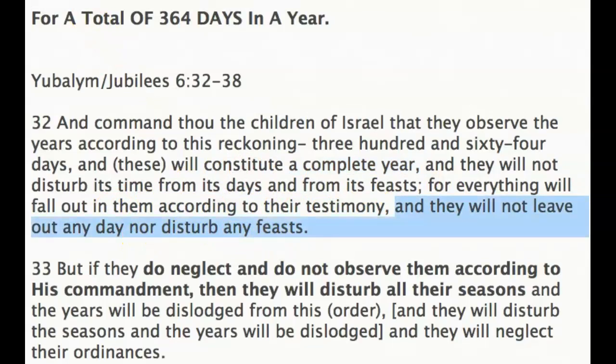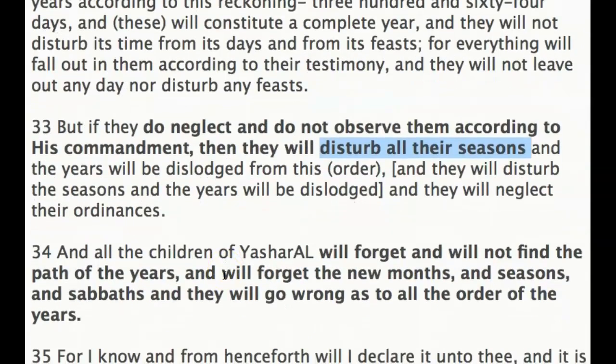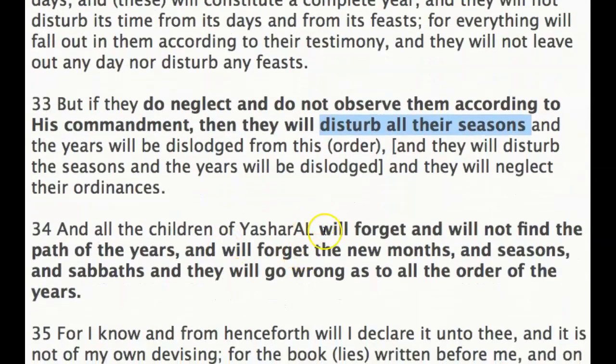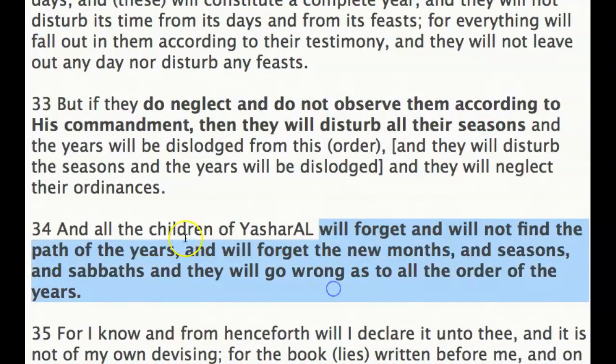Verse 33 says, "But if they do neglect and do not observe them according to his commandment, then they will disturb all their seasons, and the years will be dislodged from this order. And they will disturb the seasons, and the years will be dislodged, and they will neglect their ordinances. And the children of Yasharal will forget and will not find the paths of the years, and will forget the new months and seasons and Shabbats, and they will go wrong as to all the order of the years.